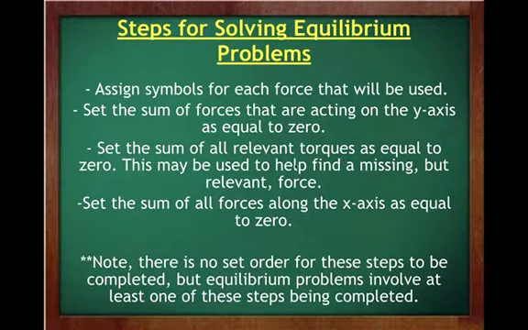This might be used to help find a missing but relevant force, because remember your torque is equal to the length of your lever arm multiplied by a force. If you have the length of the lever arm and you know what that missing torque value is supposed to be, it can help you find the missing force value if it wasn't able to be found in one of these two steps here, okay?